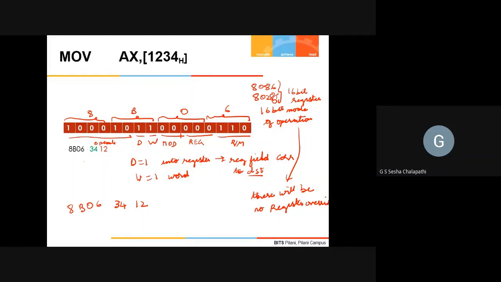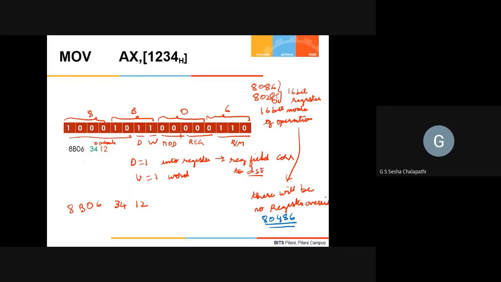Now, let us say that I am using a 16-bit mode of operation, and let us say that I am using 80486. I'm operating in 16-bit mode of operation.